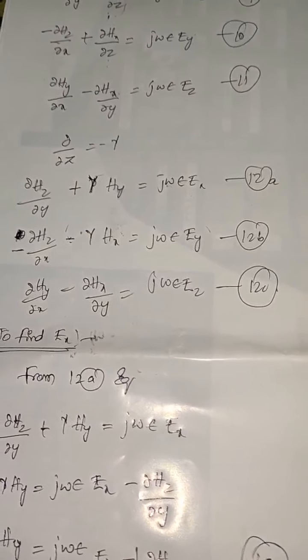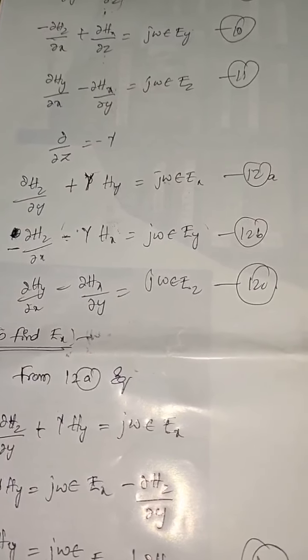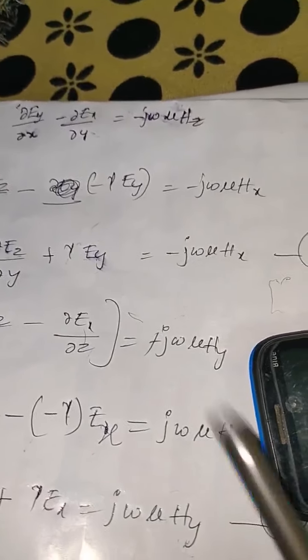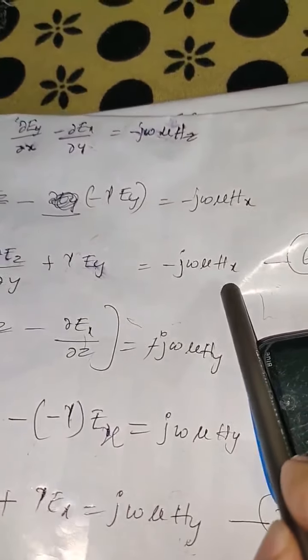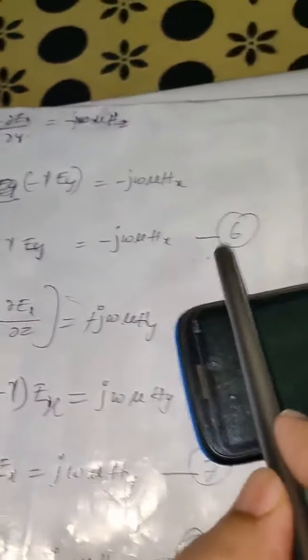So from the 12b equation you need to find the Hx value. From the Hx value, from the sixth equation, after substitution of the Hx value, you can easily find the Ey value.